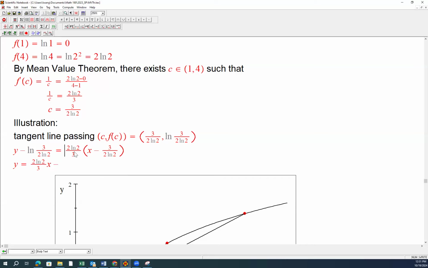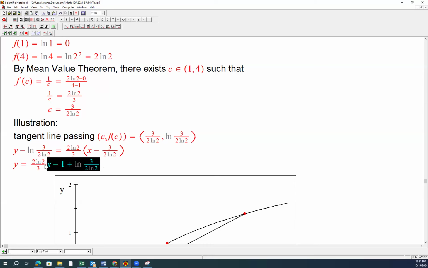When we multiply these two numbers, it equals -1. So this is a -1 plus that piece.